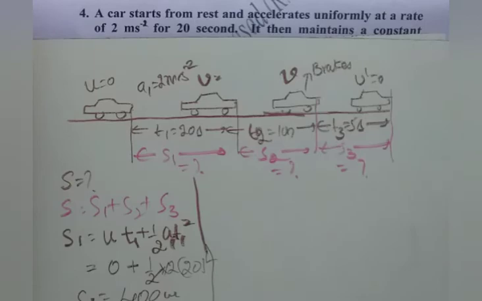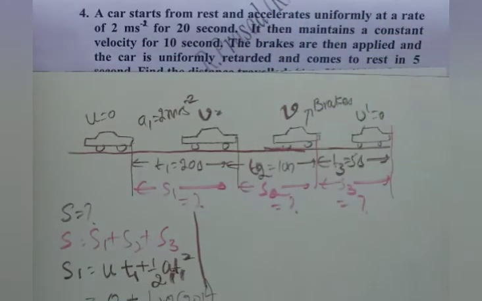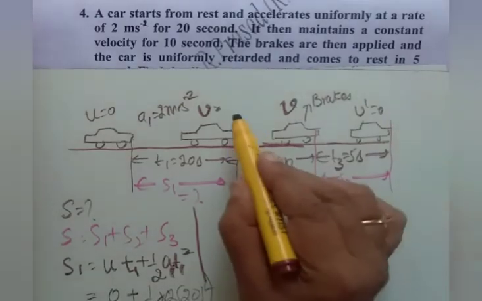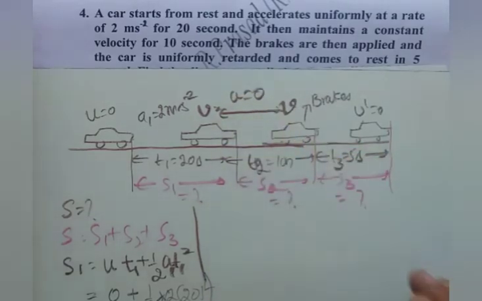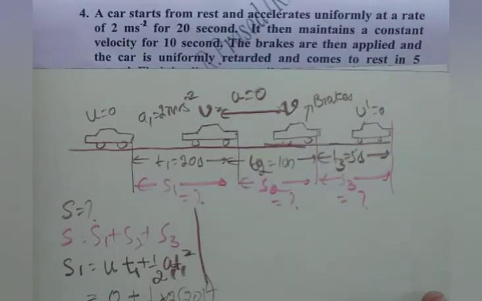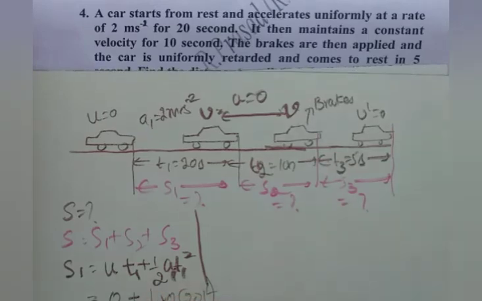Observe. We read the second sentence: it then maintains a constant velocity for 10 seconds. That means here to here A is 0, because it is constant velocity. Then how to find S2? We use the same relation.